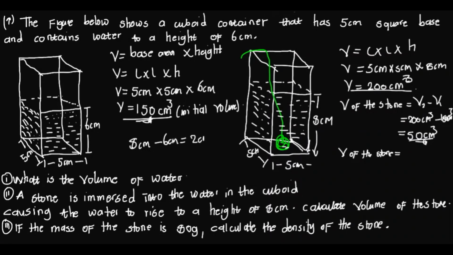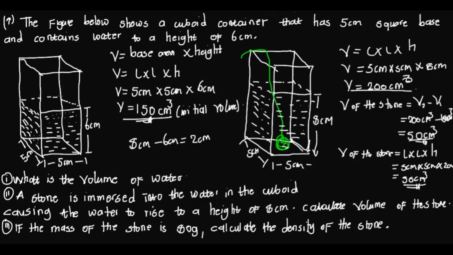So the height that increased was 2 centimeters. So volume is equal to L times L times H. So we get 5 times 5 times the height that increased, 2 centimeters. 5 times 5 is 25, times 2, we still get our 50 cubic centimeters.